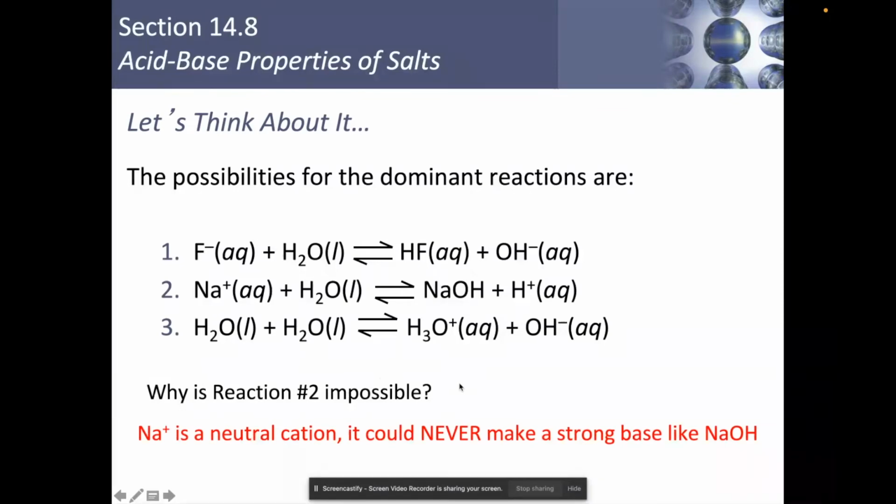You could never take water and a cation and make a strong base or a strong acid. So 2 is immediately crossed off our list. And like I said, the self-ionization of water is never really the answer, unless we're looking at the example from part one, where we had a tiny amount, like a drop of acid in a whole bathtub full of water, where the water was the dominant part of that acid-base equilibrium.